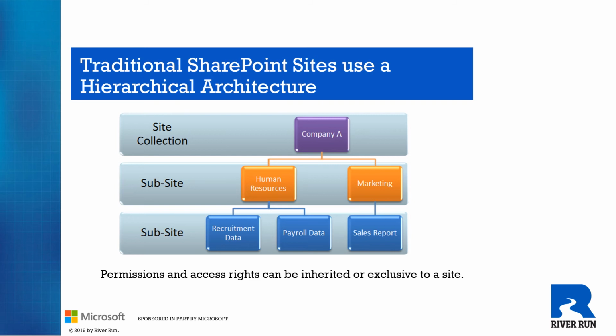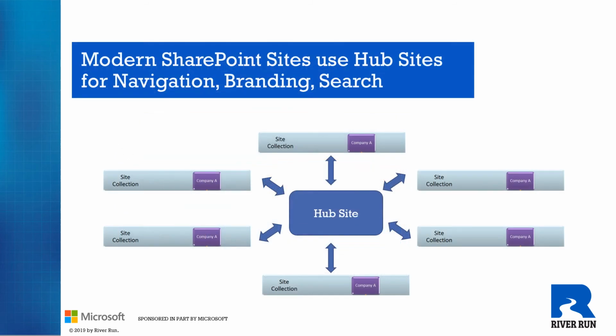And permissions were inherited from the level above. The new modern SharePoint sites use more of a hub site relationship where site collections all can borrow from branding and navigation and search functions from what they call a hub site.